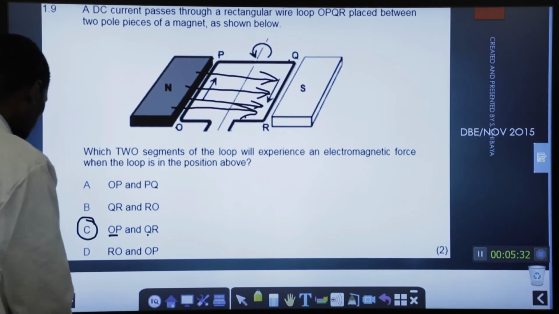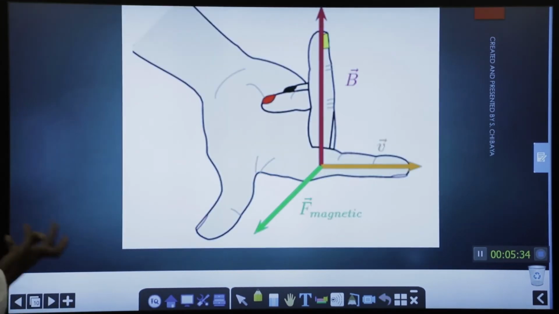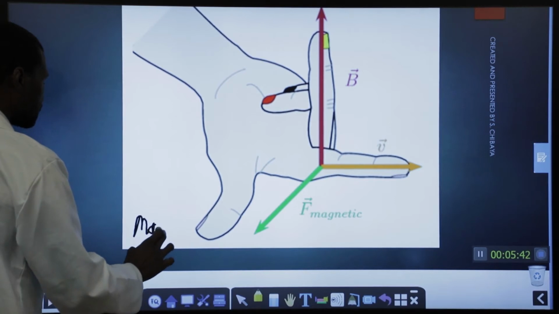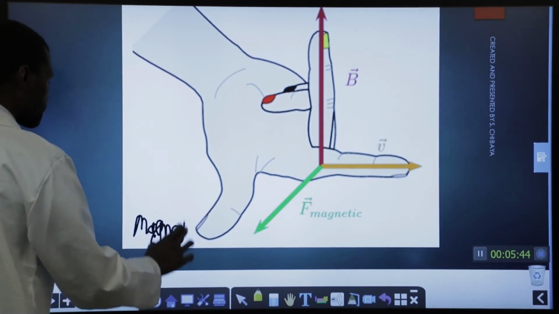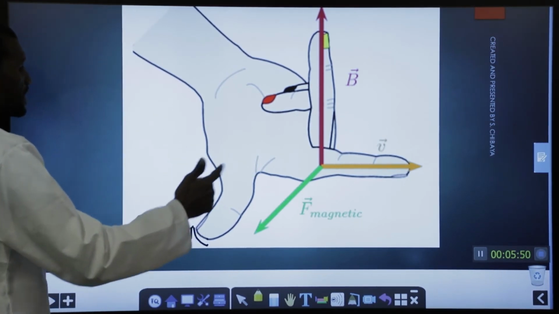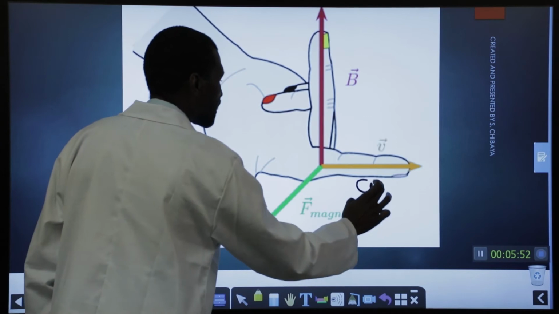All right, next question or illustration that we have is of the right-hand rule. The thumb shows the direction of the magnetic field. Okay, it's already written magnetic field, while your forefinger shows the direction of the current.